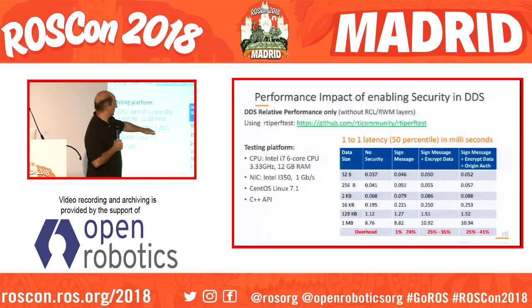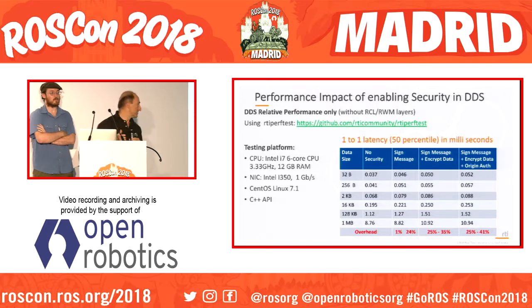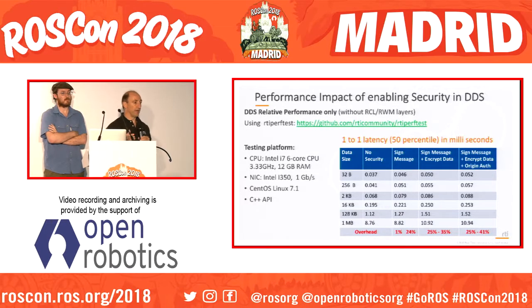You can see what the cost is. And you can see that the origin authentication, well, this is a one-to-one case, doesn't really add any cost. But we will see in other slides what it is for other ones. But you get the rough idea that it's going to be somewhere between 1 to 25% or to 40% overhead, depending on the message size.